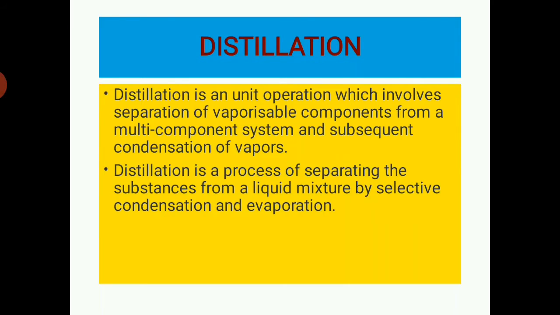As a result, the condensed liquid consists of a high proportion of the highly volatile liquid and a lesser amount of the less volatile liquid. Therefore, distillation is said to be a partial separation method. The extent of separation is governed by the properties of the components involved and the physical arrangement used for distillation.